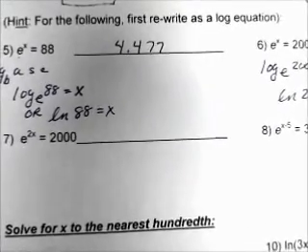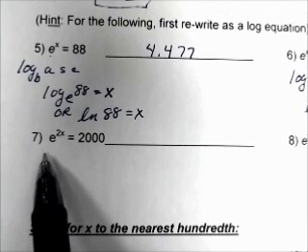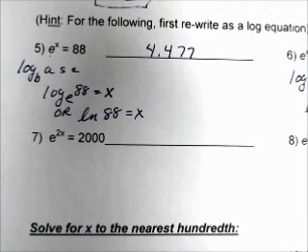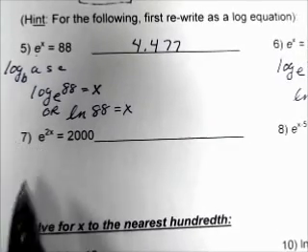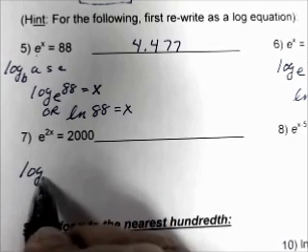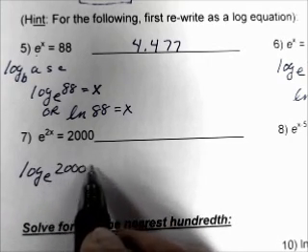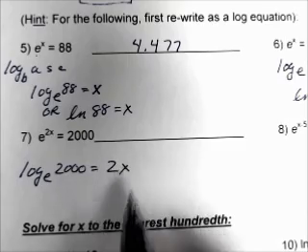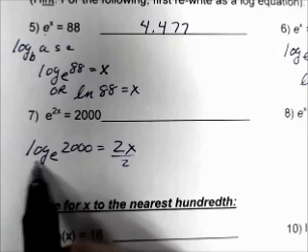Okay, and number 7, e to the 2x equals 2,000. We need to solve this for x. Let's place this in log form first. So log base e of 2,000 equals 2x. We don't have x by itself yet, so we divide both sides by 2.